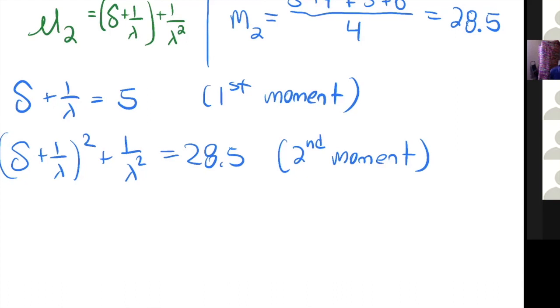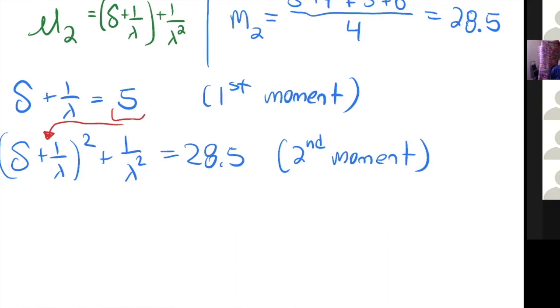Sorry, I think Stephanie and Jonathan both were saying something. Stephanie, do you want to say what you had shared before? Yeah, I was just going to say we could put 5 into the delta plus 1 over lambda in the second equation. That's a good plan. Jonathan, what were you suggesting? I think it was Jonathan. Same thing. It was just 2 equations, 2 unknowns.